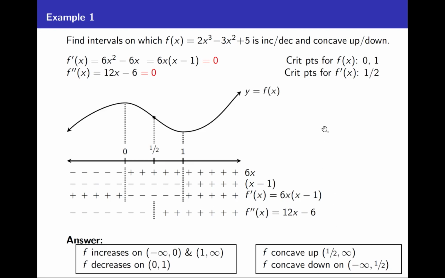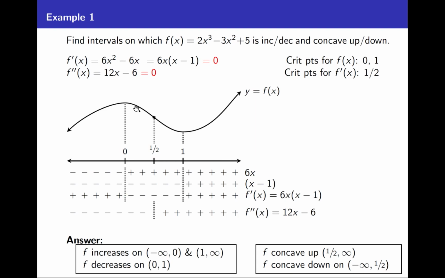If you were to draw a graph of this function f of x, it would look something like this. You'll notice that here it's concave down and increasing. Increasing because its derivative was positive, and concave down because the second derivative is negative.